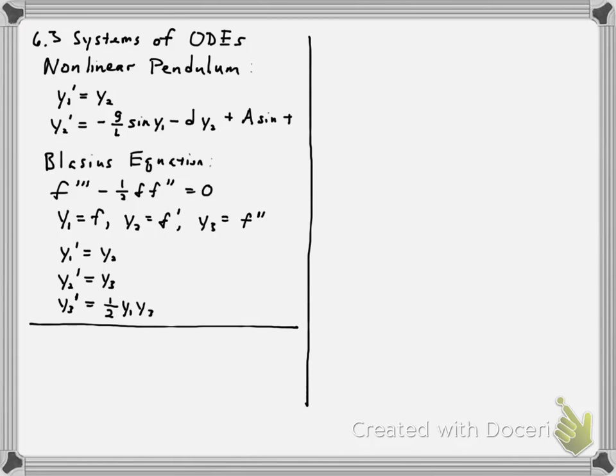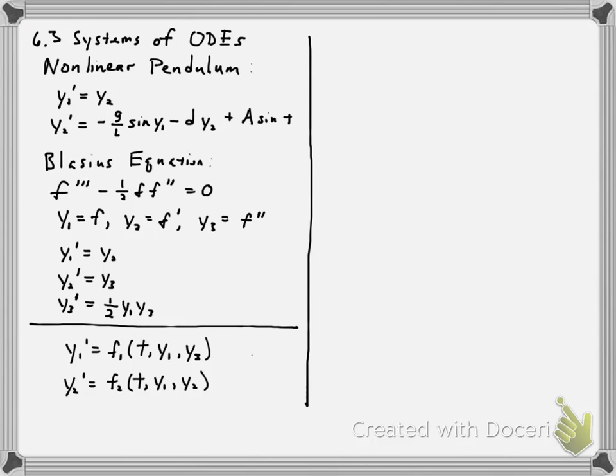So consider y1 prime equal to f1, a function of t, y1, y2, and y2 prime equal to f2, which is a function of t, y1, and y2.